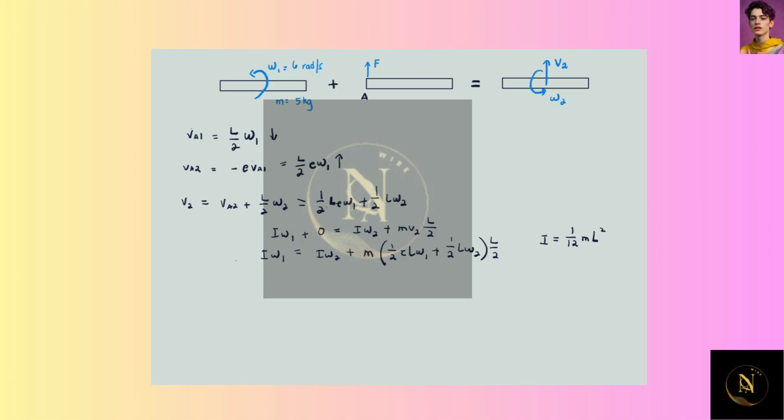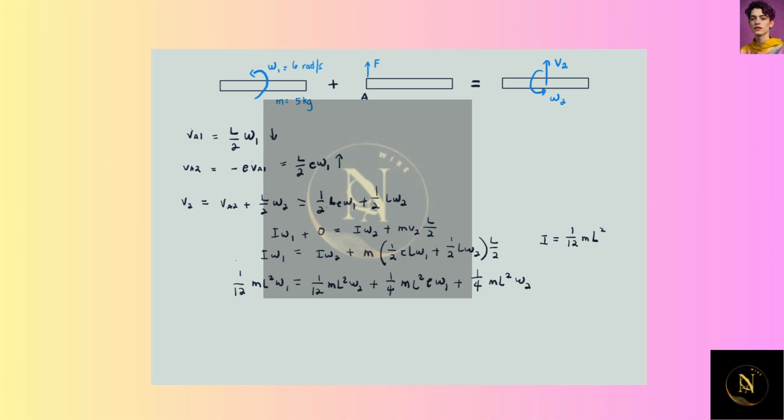So our equation becomes 1 over 12 m L squared omega 1 equals 1 over 12 m L squared omega 2 plus 1 over 4 m L squared e omega 1 plus 1 over 4 m L squared omega 2.